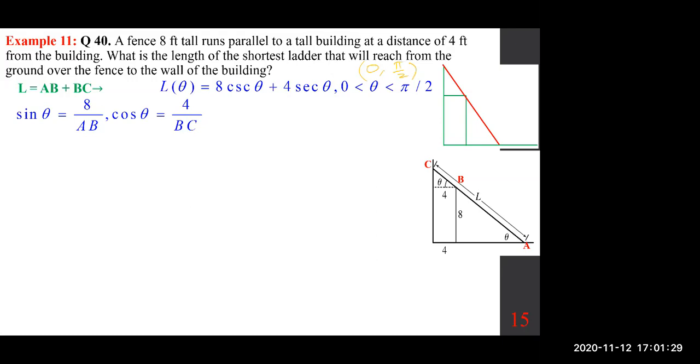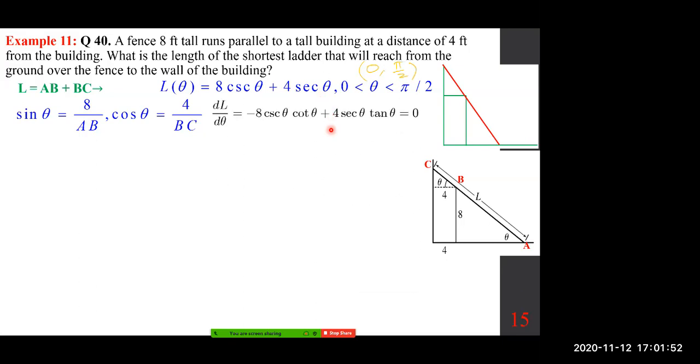So we want to differentiate L prime of theta, or dL d theta. 8 cosecant theta becomes 8 times negative cosecant cotangent, plus 4 secant theta, where 4 times secant gives you secant tan.